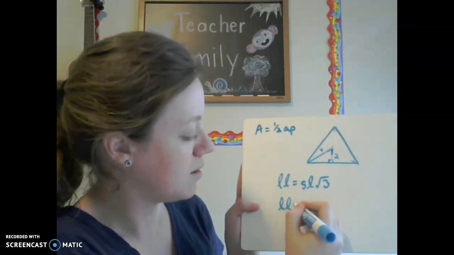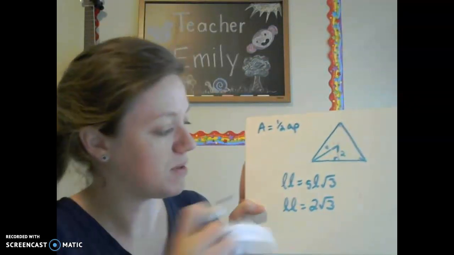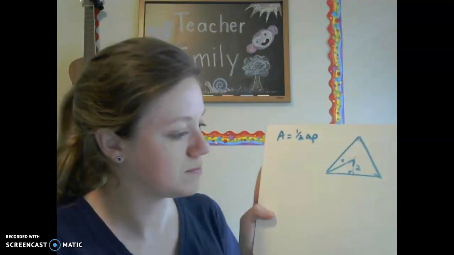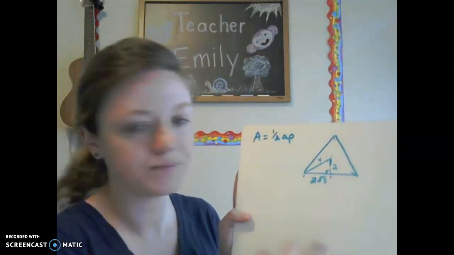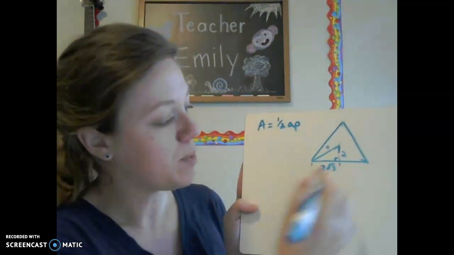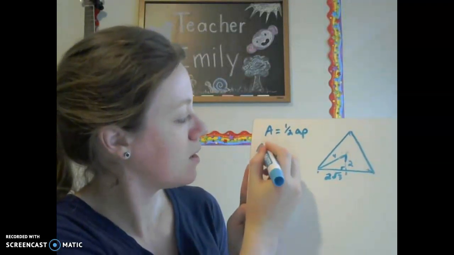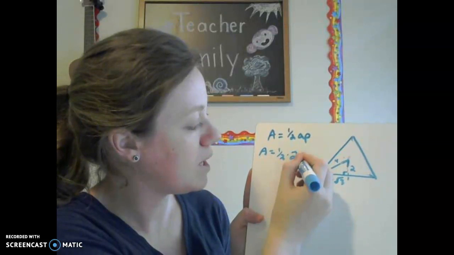So the long leg is 2 times the square root of 3. So I'm going to fill that in. 2 times the square root of 3 is from here to here. So I figured out the apothem is 2, so I can put A equals 1/2 times 2 times p, but I still need to figure out the perimeter.